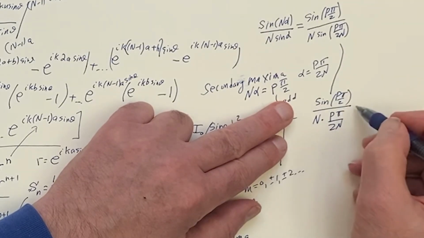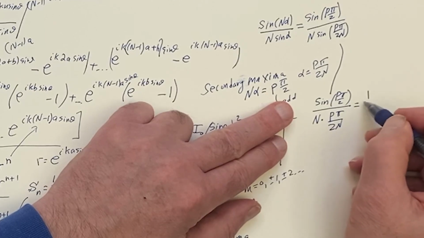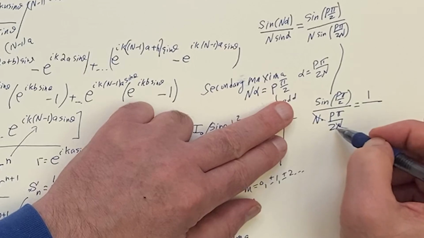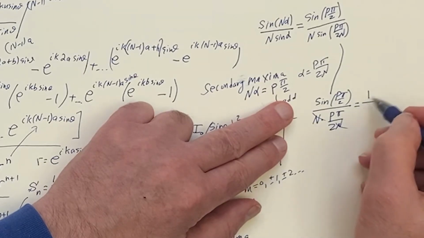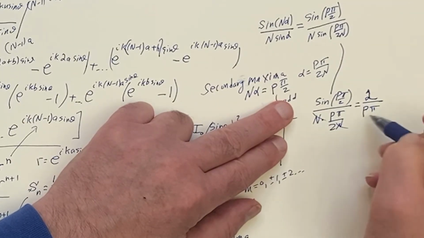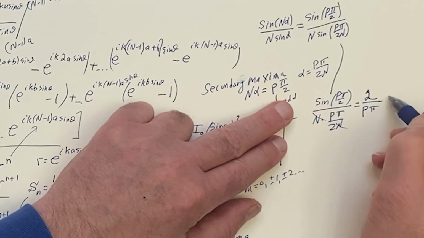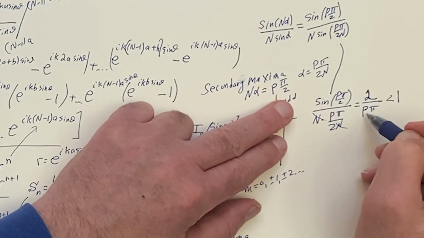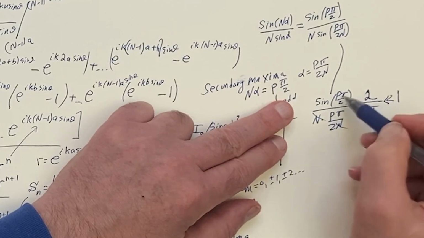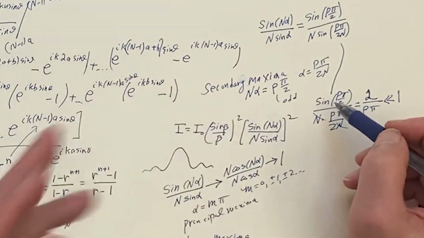This top part's going to get you a 1, but this bottom part, the n is going to cancel, and here the 2 is going to flip upstairs, and then you'll have p times pi, all right, where p is like 1, 2, 3, 4, 5. So if p is 1, this is still less than 1. But if p is like 20 or 30, it's going to be a lot less than 1. So really these maxima are not the principal ones.